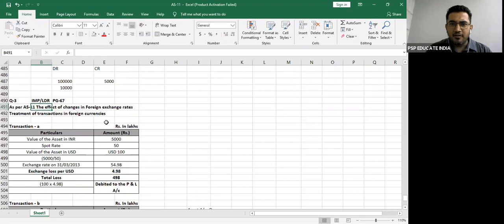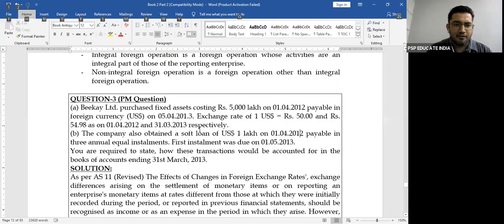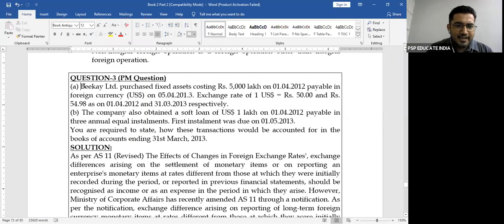In the meantime, I will quickly look at the doubts that I have. I think I have one doubt which says we took a loan on fixed asset account. So won't we take it as a depreciable asset? Shrushti, please look at the question again carefully. This is A, in which BK Limited purchased an asset, and it says the company also obtained a soft loan. So we also obtained a loan. We did not obtain a loan for the fixed asset.